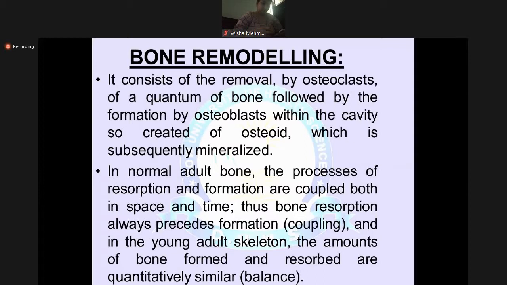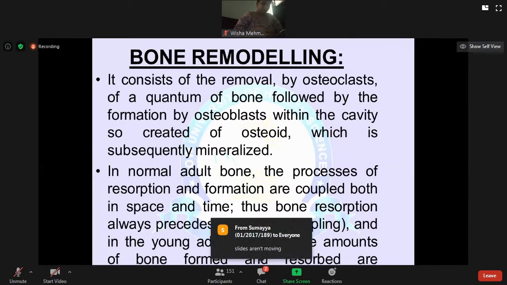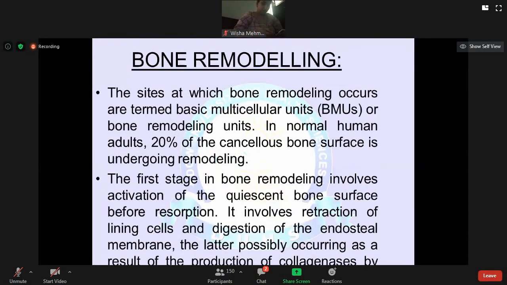Now, the part of the bone to be resorbed is termed the bone resorbing compartment. Mind it, the part of the bone which is taken for resorbing is termed the bone resorbing compartment.